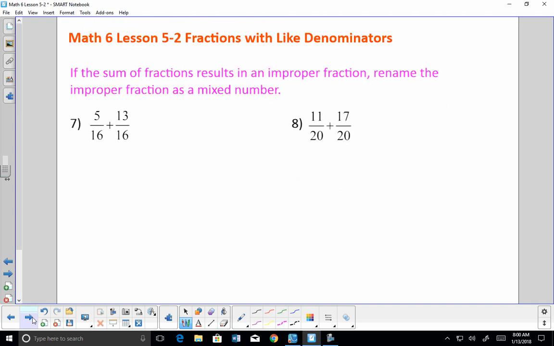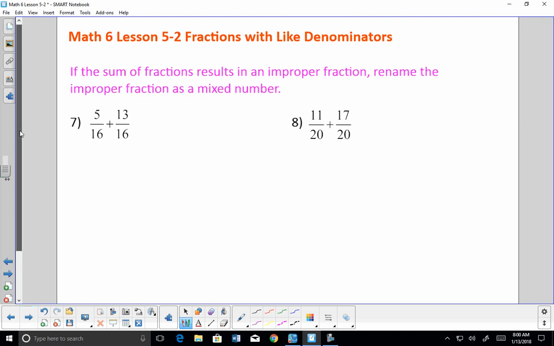Now, if the sum of the fractions results in an improper fraction, rename the improper fraction as a mixed number. We learned how to rename improper fractions to mixed numbers and mixed numbers into improper fractions last chapter, so this should just be a little bit of review.